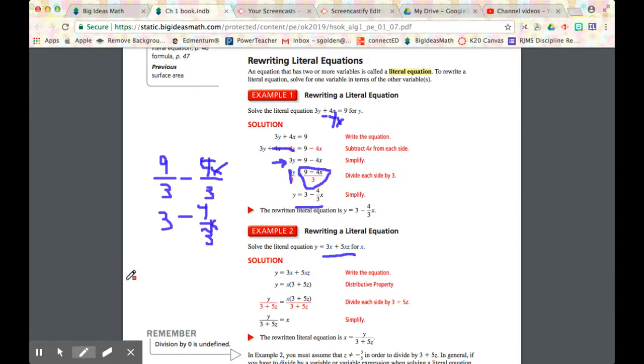Now, I'm going to show you over here as best I can. Let me switch to a different color. So x times 3 plus 5z.